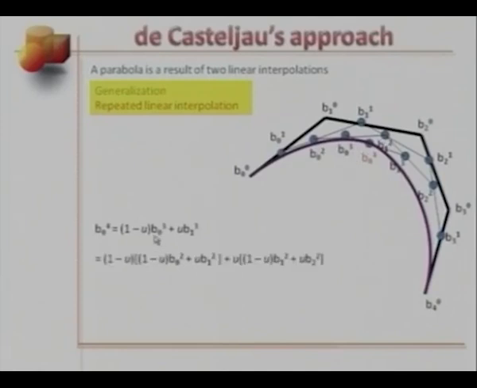We directly substitute the result for B 0, 3 and likewise for B 1, 3 as well, realizing that B 1, 3 right here is a result of linear interpolation between B 1, 2 and B 2, 2.